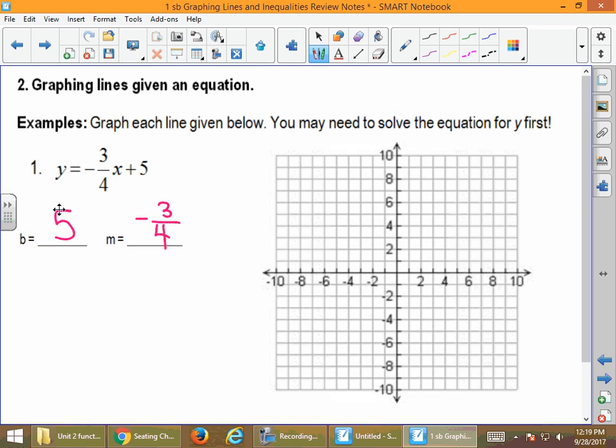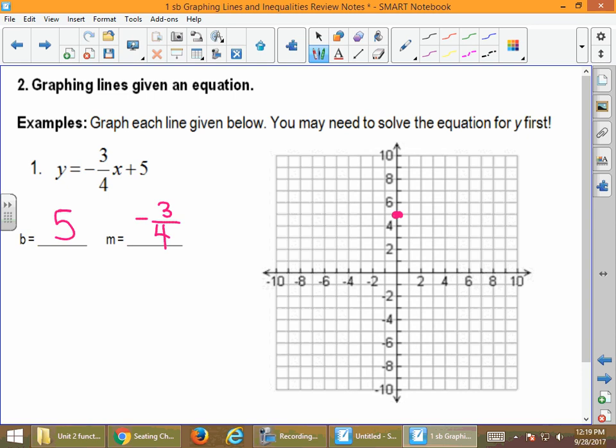And when we start, we graph b first. I oftentimes say b comes before m in the alphabet, so we need to graph b first. So we're going to graph 5. Remember, that's a y-intercept, so it has to be on the y-axis.